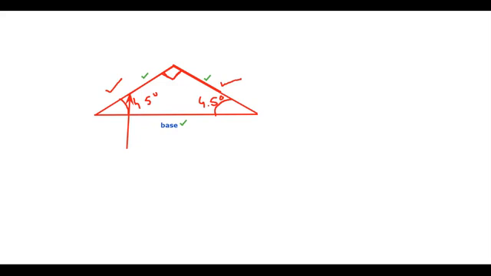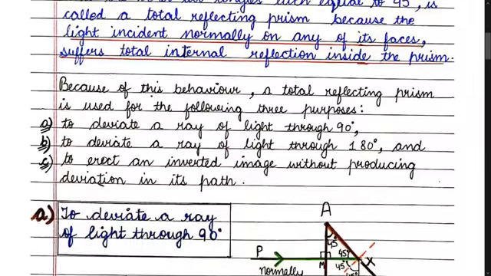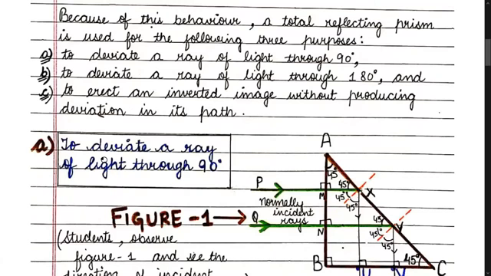So students, it is named as total reflecting prism because the light incident normally on any of its faces suffers total internal reflection inside the prism. And because of this behavior, a total reflecting prism is used for three purposes.